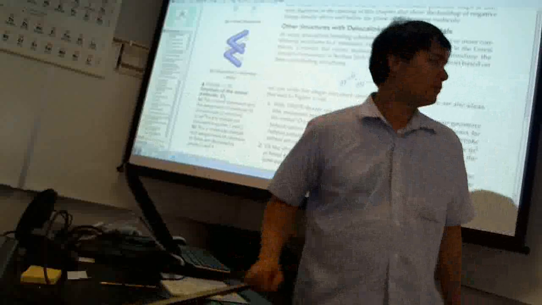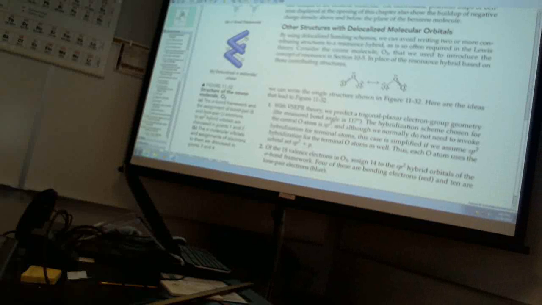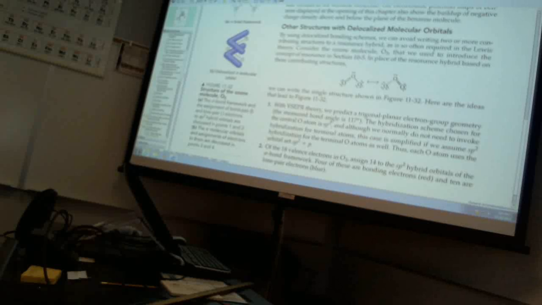And so let's take a look at just the left resonance form. If we look at the left resonance form, this is what we end up with. So, actually, how should I draw this? Let me draw it with the orbitals.